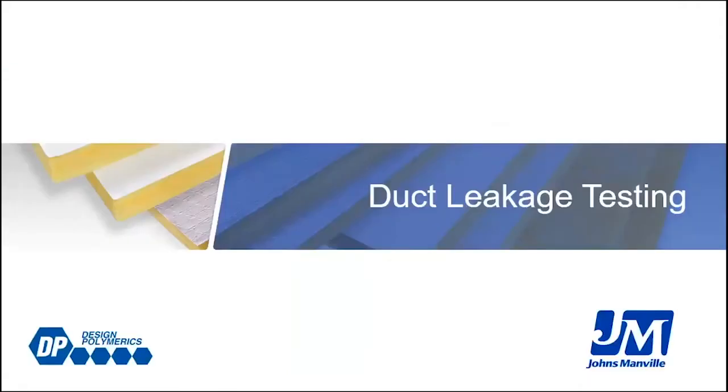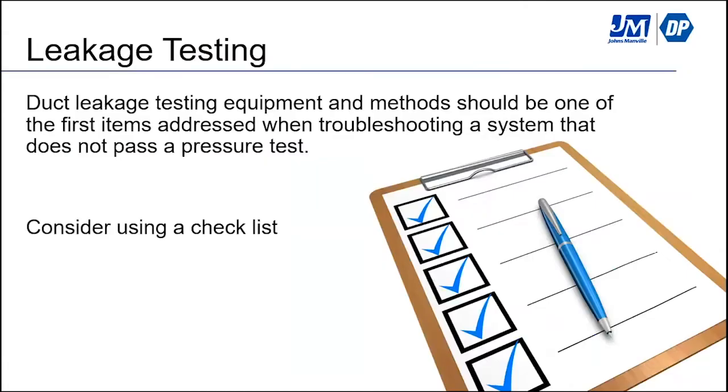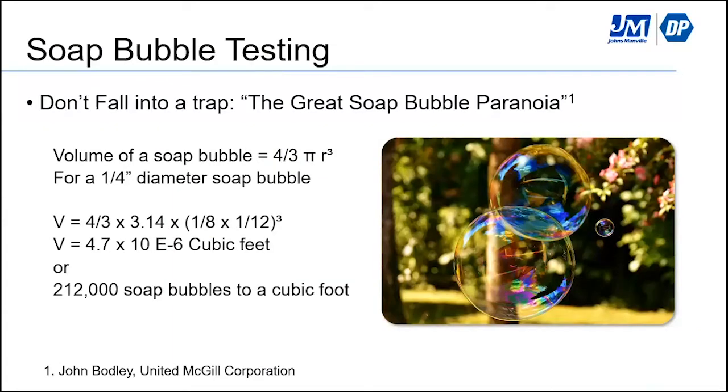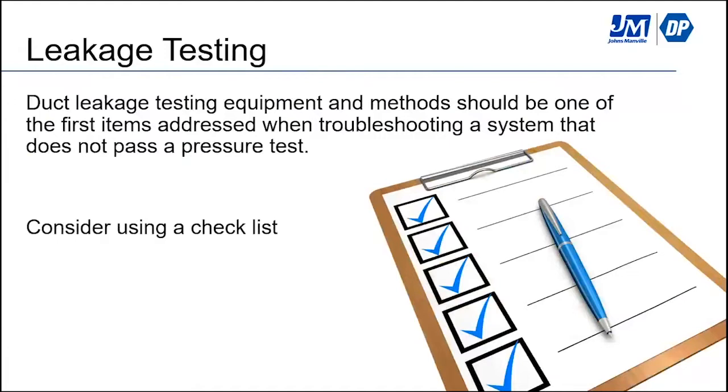Duct leakage testing. This one again could be a webinar unto itself, but I have a checklist available to walk you through the different ways to troubleshoot both the duct system and the equipment itself.